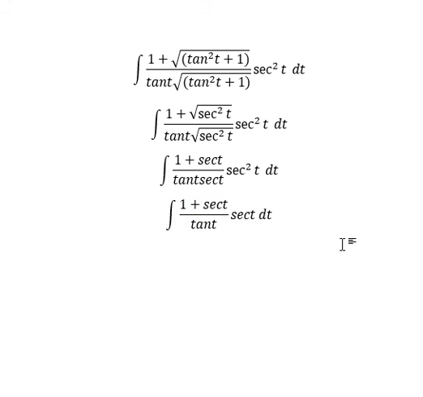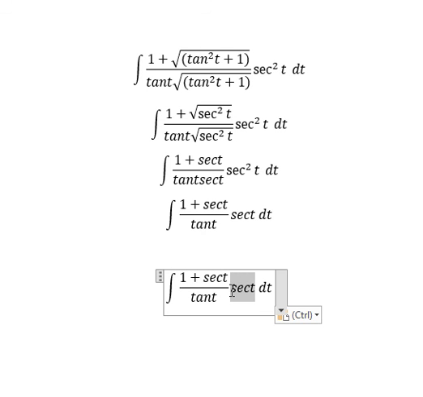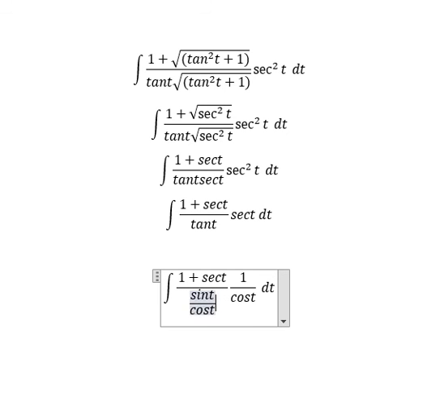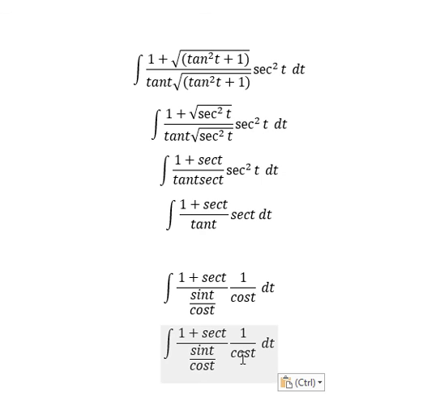Next, secant of t we change for 1 over cosine t, and tan t we change for sin t over cosine t. Cosine t simplified by cosine t.